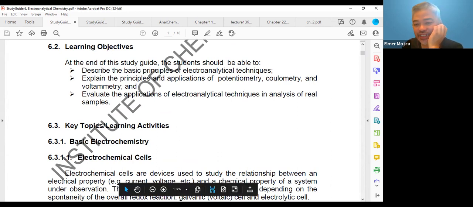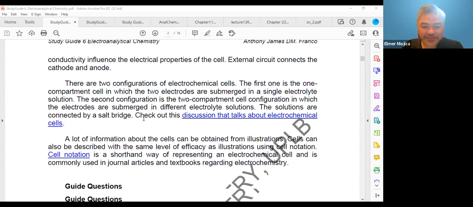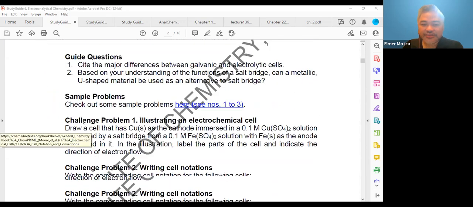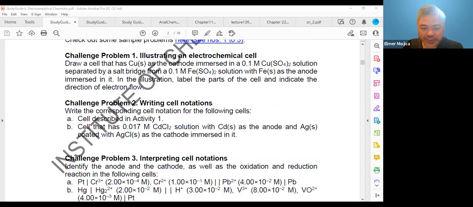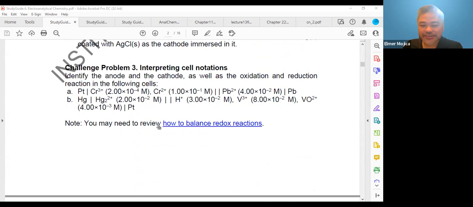Kasi nandun yung parang research na ginawa ng mga student ko on how they apply it in real sample, which is just metals in water samples. So I would suggest just look at the guide here because there's a link that you have there. Okay, but I make sure I covered everything here tonight or today.